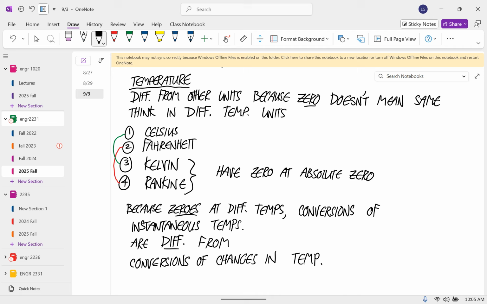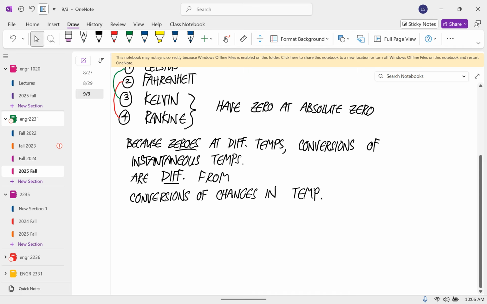So that's not true with measurements of length. If you're talking about this single object is 1 meter long and you want to convert that to feet, that's the exact same conversion as saying this object has changed its length 1 meter. Convert that to feet. You do that conversion the same way. But with temperatures, you can't because of the different zero meanings.